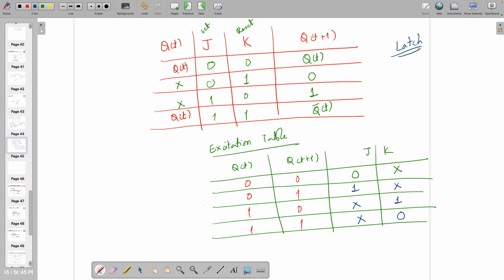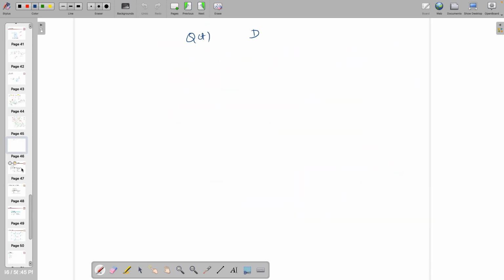When clock is 1, then the output is available. In the case of flip flop, when clock is transitioning from either 1 to 0 or 0 to 1, it has to be defined for your flip flop whether it's positive edge triggered or negative edge triggered. Accordingly, you will have the output in the transition only. Okay. So that is the whole thing.